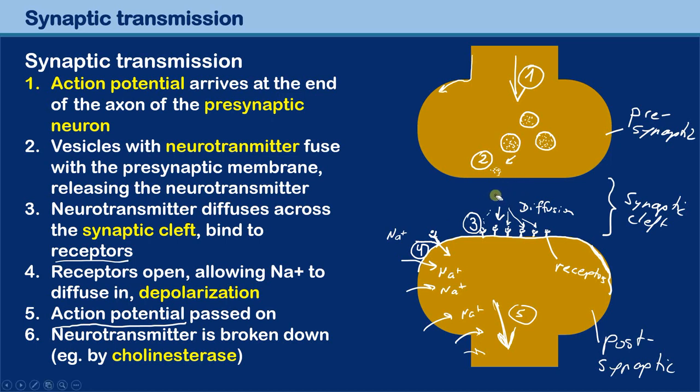You understand what I mean. That is number 6. The neurotransmitter is broken down, and the acetylcholine specifically is broken down by an enzyme called cholinesterase. In case you're wondering why some of these words are yellow, it's because these are important words.